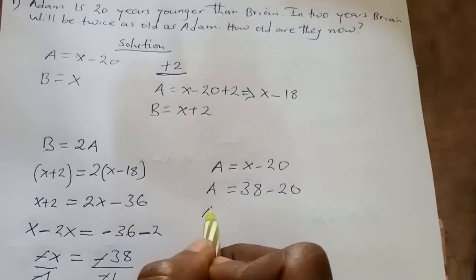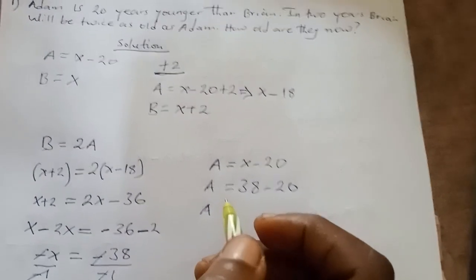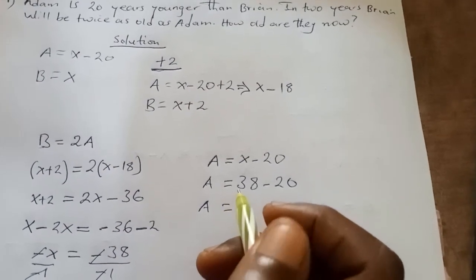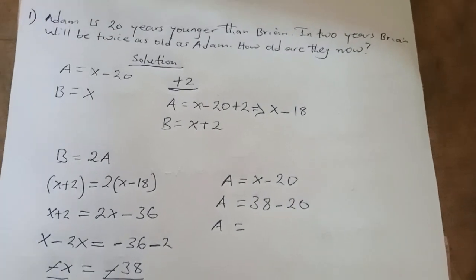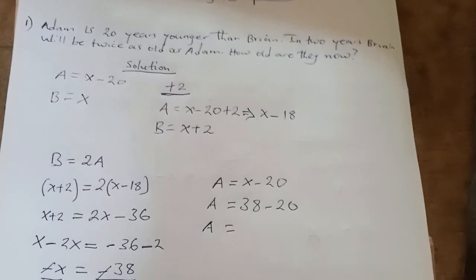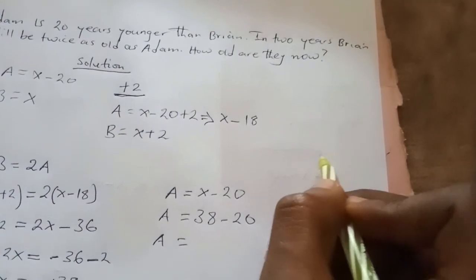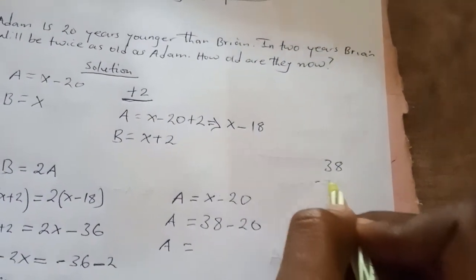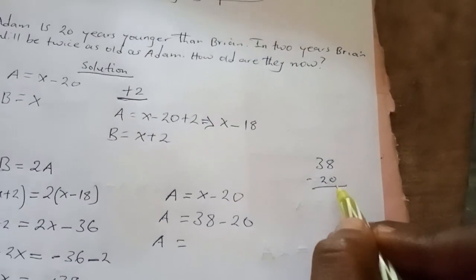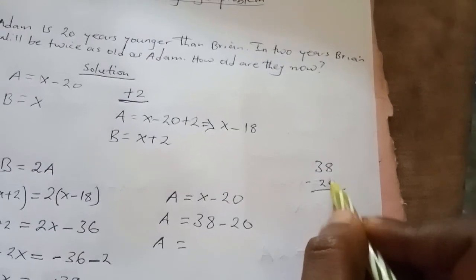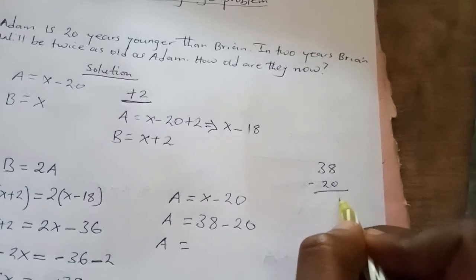If you do your math there and simplify further, you can use a calculator or just do this manually. It's not necessary to use a calculator. You can see this is 38 minus 20, right? So this is 0, and 0 and 0 is 8, right? So we get our 8 down.